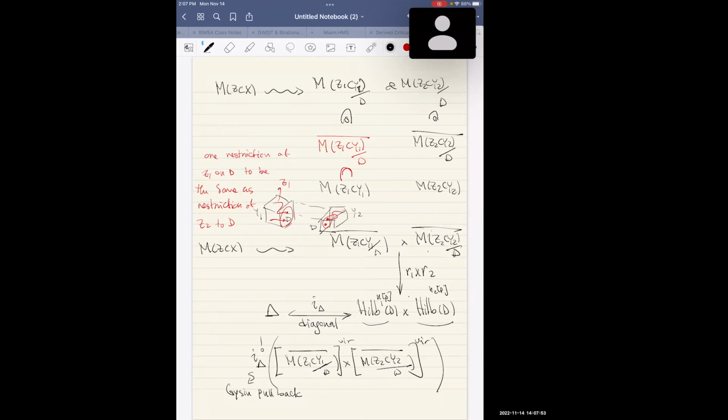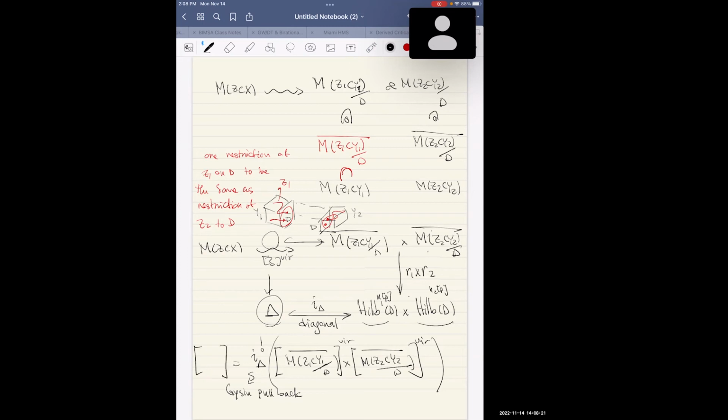It gives you the virtual cycle of the locus where n1 and n2 are equal. That's exactly the virtual cycle of this diagonal. So the diagonal sits inside here, and there is something that sits inside here, and that's the virtual cycle we are interested in. I am just looking at this fiber diagram.